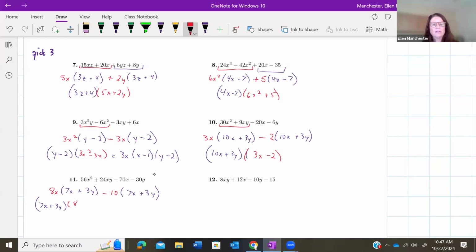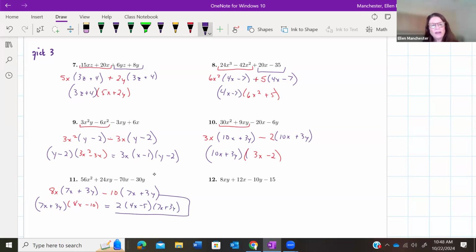Had to factor out the 3x again. And then on number 11, you notice there's a 2 involved. So I'm going to factor out the 2 and I get 4x minus 5 and then 7x plus 3y.